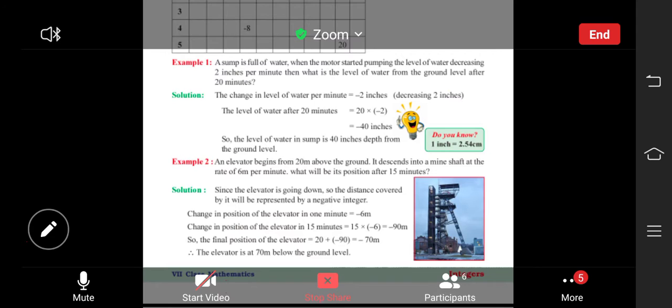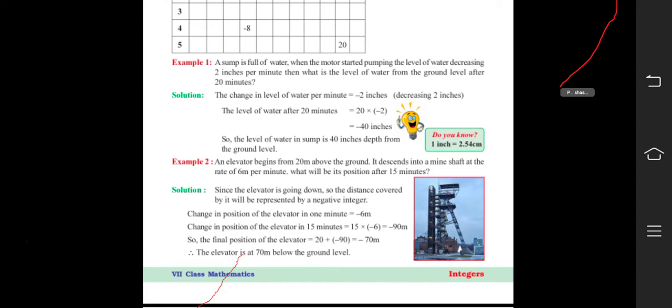So what is the question given here? Water is decreasing 2 inches per minute and you should find the level from the ground after 20 minutes.